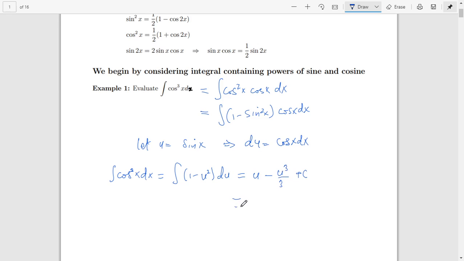But my u was sine of x, so this is going to be sine x minus sine cubed of x all over 3 plus constant c. It looks very much straightforward.